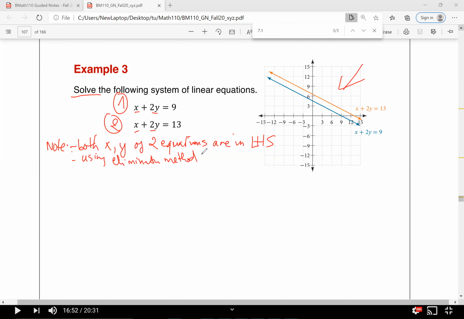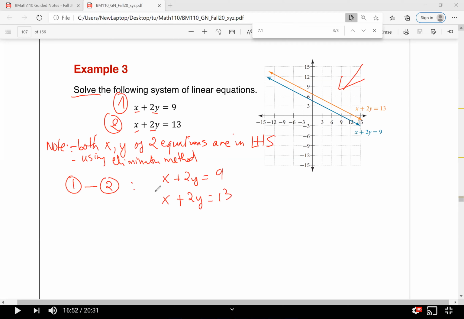Okay, and how does that work? You will take the first equation and subtract the whole second equation. What does that mean? Okay, so let's have x plus 2y equal to 9, and here x plus 2y equal to 13.